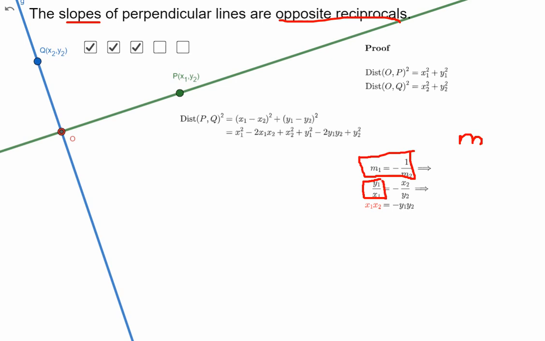I'm starting here and calculating the slope going back to the origin, so I know that the vertical value is y1 and the horizontal value is x1. I'm doing the same thing here, except after I take y2 over x2, I'm taking the reciprocal and then putting the minus sign on it. I'm writing it in a helpful way, and that's the substitution we're going to do in just a moment.